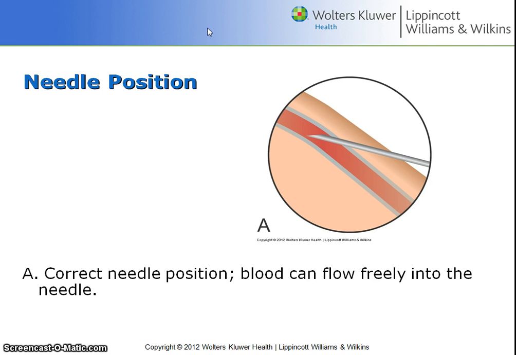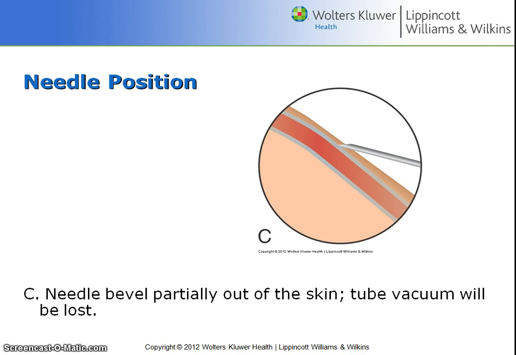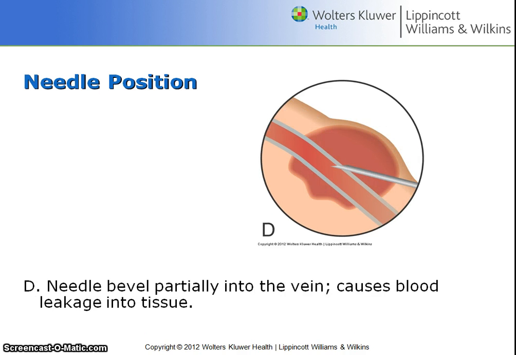These are some slides illustrating. So go ahead and review these ways to identify improper needle position. Again, remember, you can stop this at any time and then start again.